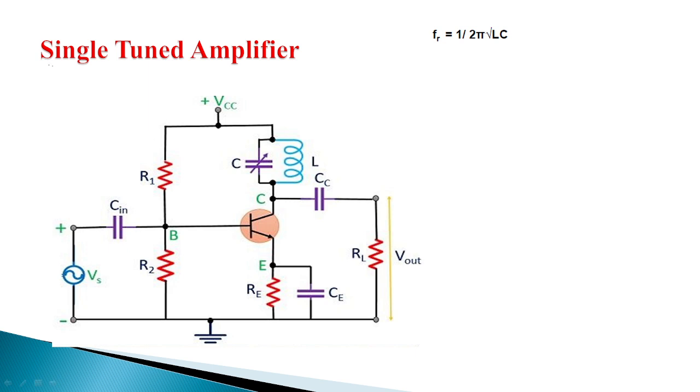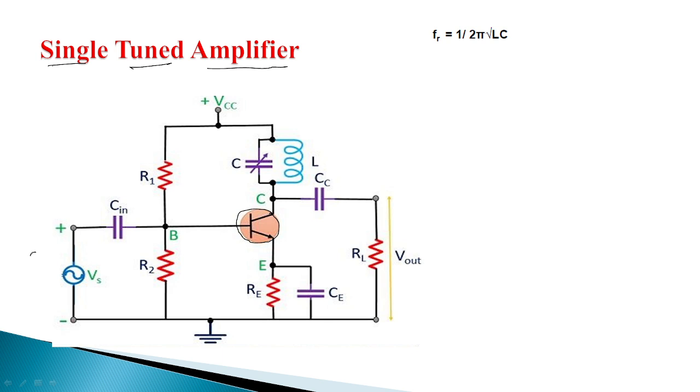Coming to the single tuned amplifier circuit. This is the emitter, the BJT we are using. Also you can use a FET here as an amplifier, depending on our requirement. The amplifier function, we know, is that it amplifies the given input signal.